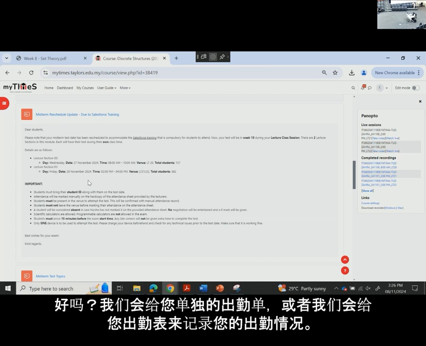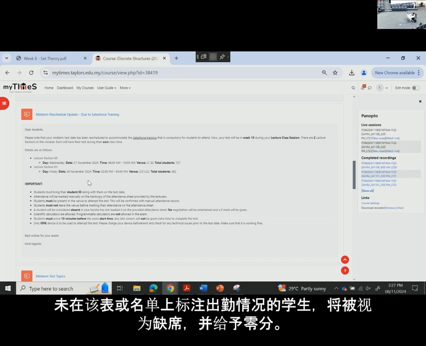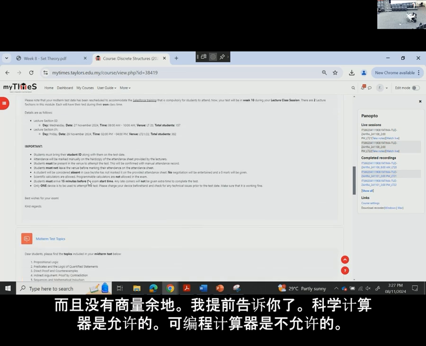We will give you either separate attendance slips or an attendance sheet to mark your attendance. Students who have not marked the attendance on that sheet or list will be considered absent and a 0 mark will be given. And there will be no negotiation.